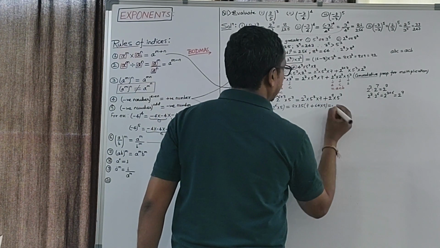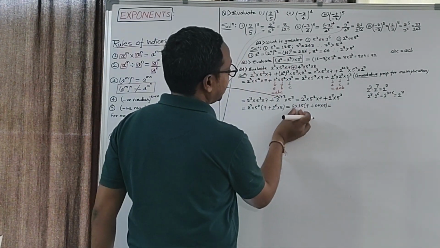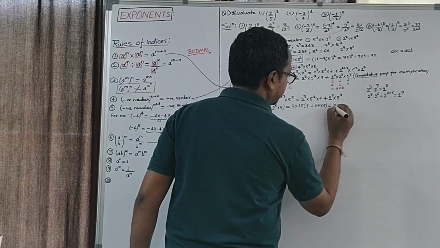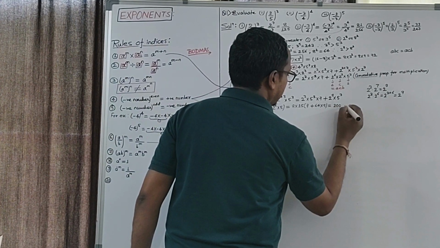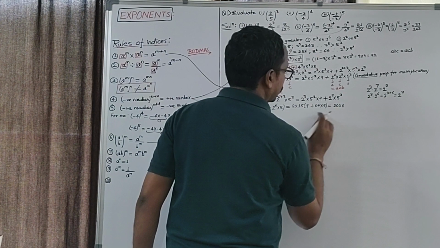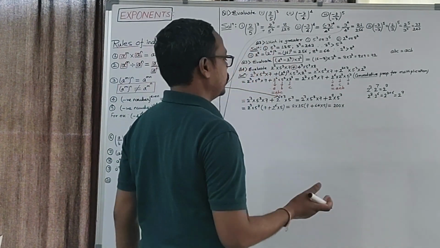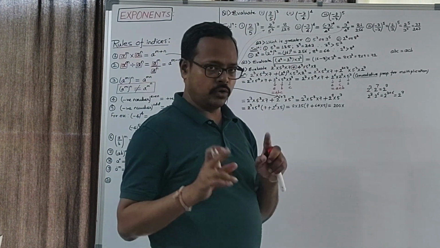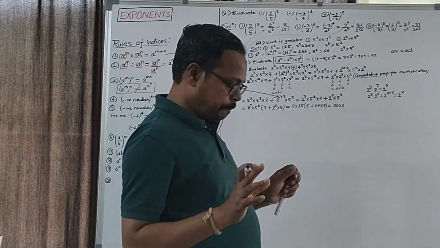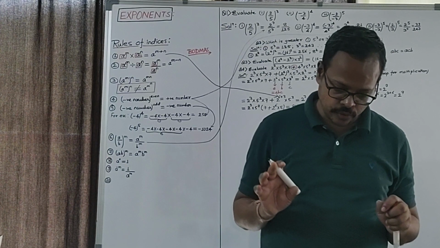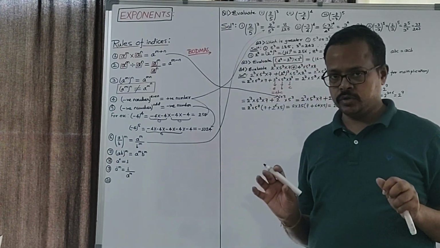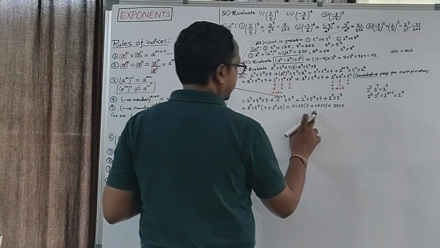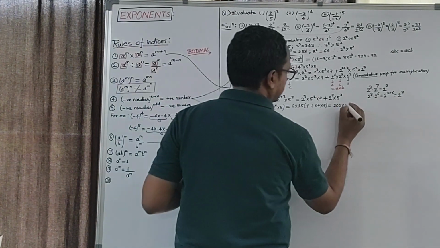How much will it be? 25 into 8 will give you 200 for sure, into 64 into 5 is 320. 60 into 5 is 300, and 4 into 5 is 20. 320 plus 7 is 327.